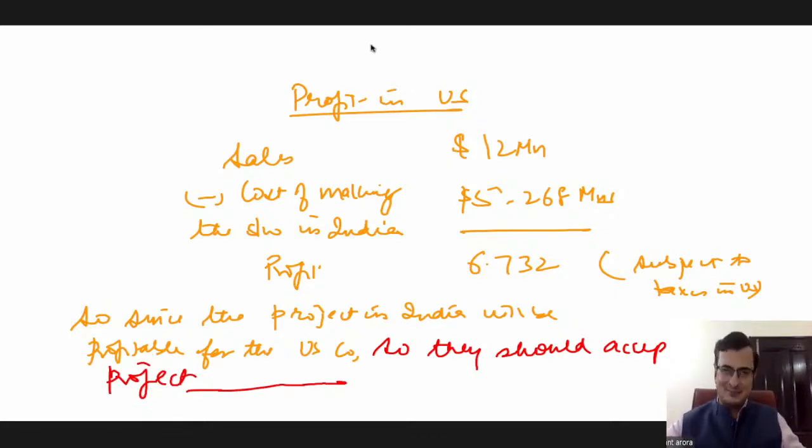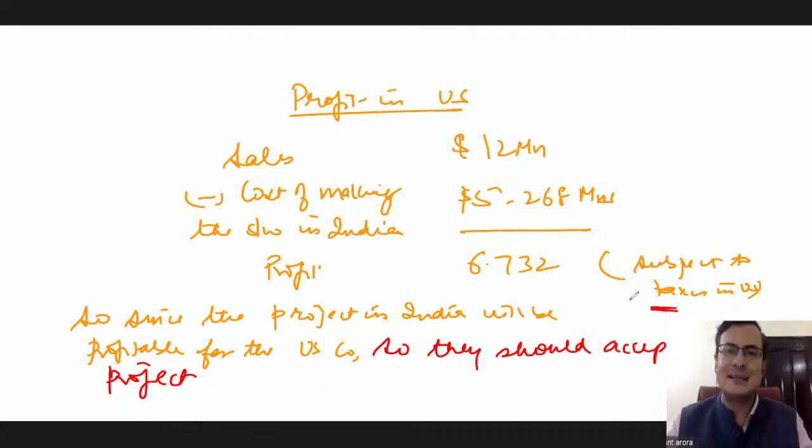Clear or not? Okay, I've not taken the impact of tax because the tax rate was not given. I mean, the taxes which are applicable in India, 30 and 10%, are there. But what is the tax rate in US? That I don't know. They will be required to pay because they say there will be no tax credit available to them. Okay, so that is the sense.